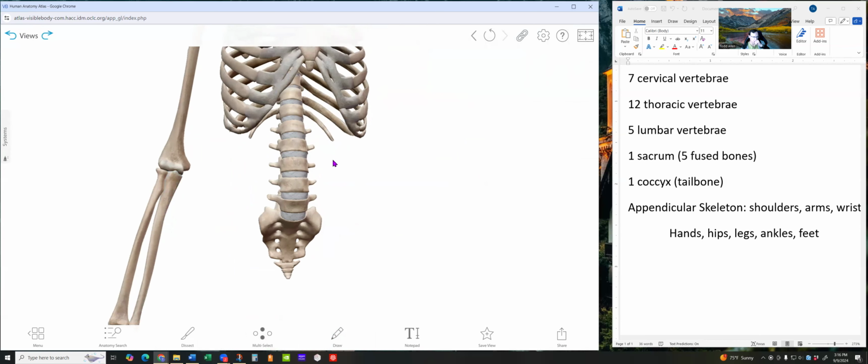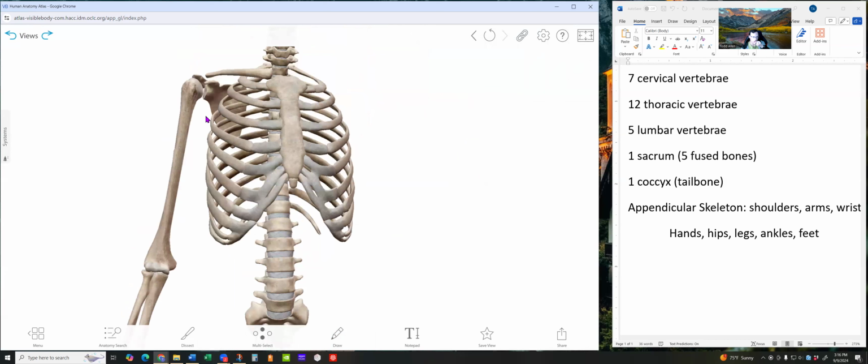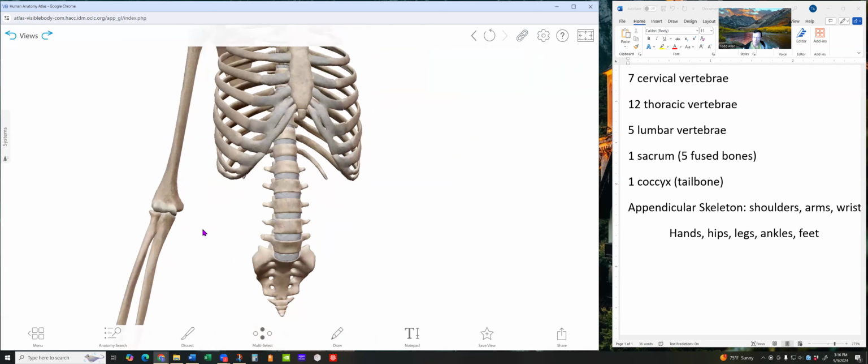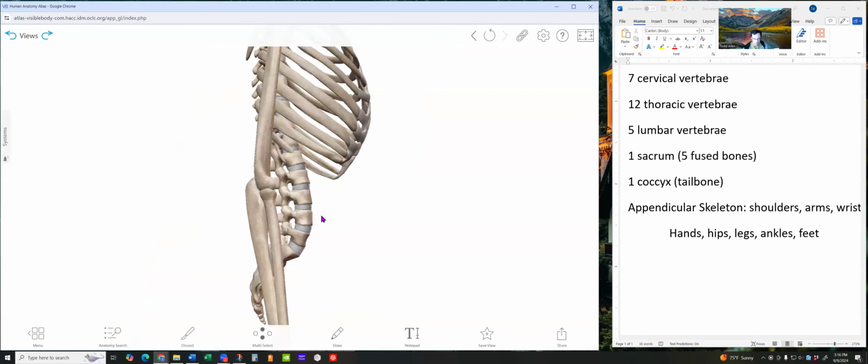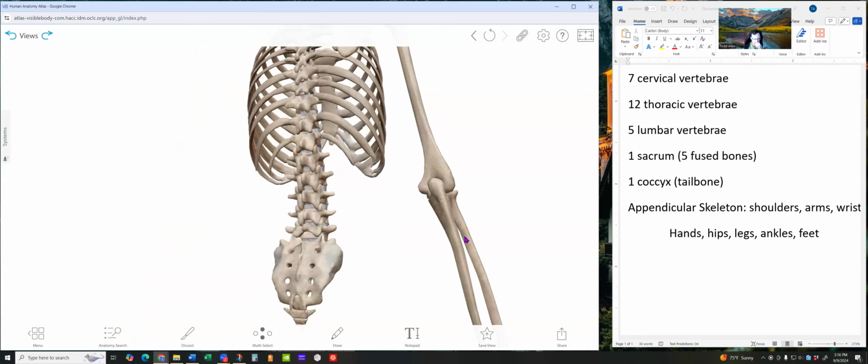Okay, so we've got the shoulder formed from the clavicle, scapula, and humerus. We've got the elbow formed from the humerus, radius, and ulna. Okay.